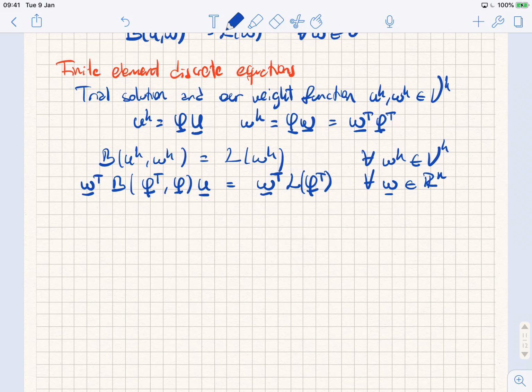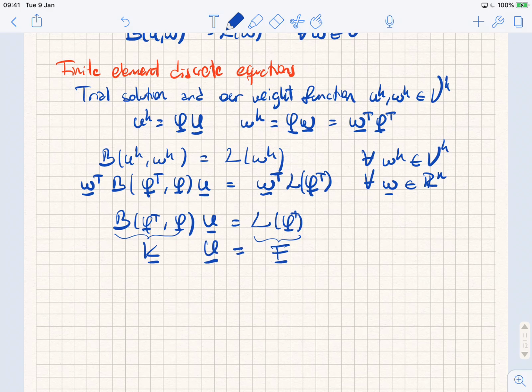And so since that has to be valid for all vectors w, then of course this has to be satisfied as well. And as you remember, this gave rise to our K, and this gave rise to our F. And we keep the same notation as we had before. And so that is what we end up with.